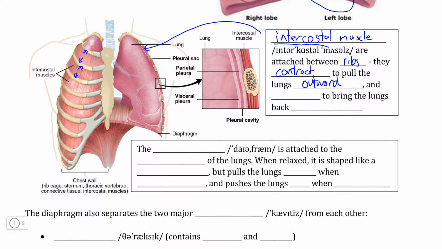And if you put your hands on your chest and feel yourself inhale, you will feel that your rib cage pushes away from your body, causing the lungs to expand outward away from your body core.